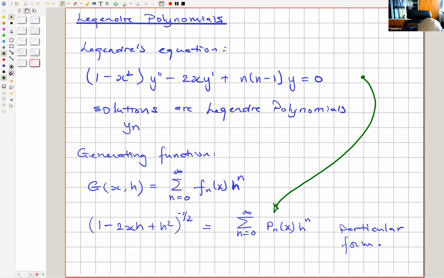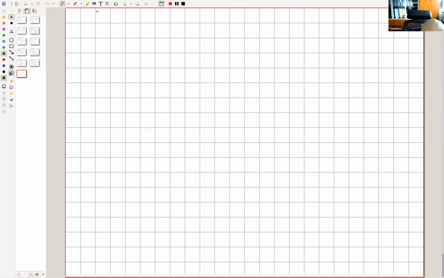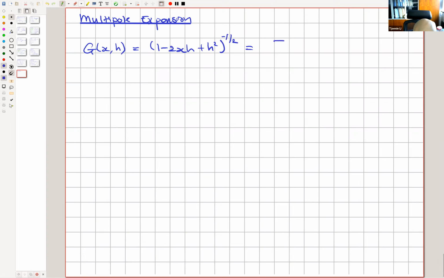Let's start with our starting point, and that is the following equation, our generating function: g(h) equals 1 minus 2xh plus h squared to the power minus 1 over 2, equals the infinite sum from n equals 0 to infinity of P_n as a function of x, h to the power n.